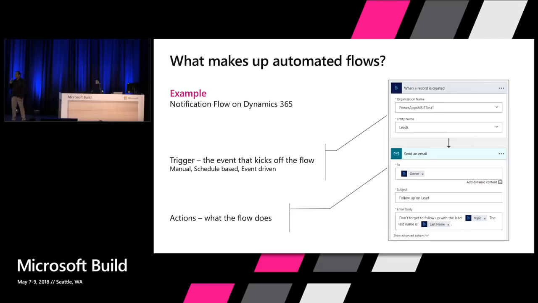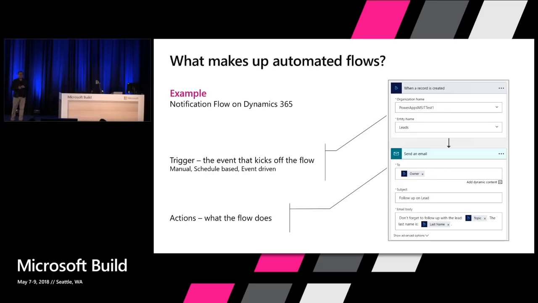Now, there's two fundamental concepts when it comes to any workflow. The first one is a trigger. It's the event that kicks off your flow. Now, triggers can be of three types. It could be a manual trigger, which means that somebody literally pressed a physical button, like a flick button or a BTTN button, or a button on the Flow mobile app, or it could be a virtual button, for example, in SharePoint.